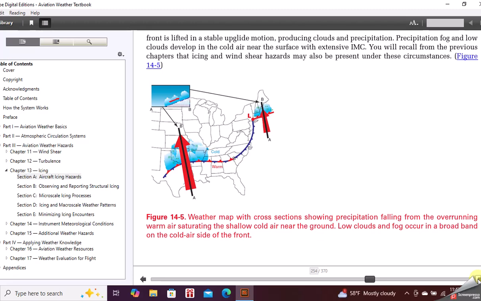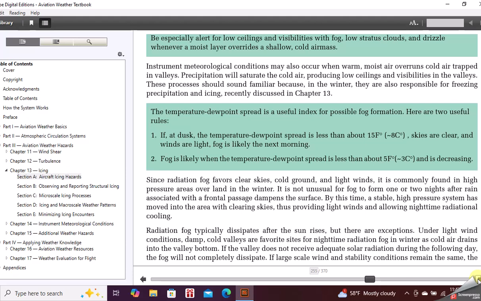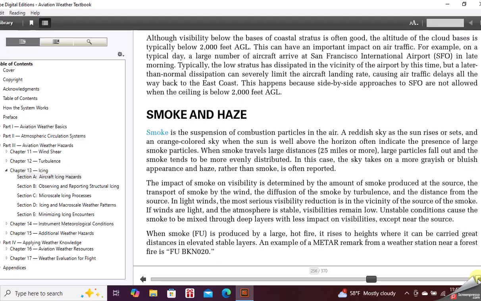Once the warm front passed, if you look south of that area at that time, you would see ceilings lifting up to 4,000 to 5,000 feet, basically going to a VFR condition. So sometimes it's just a matter of waiting out the conditions to get through these.